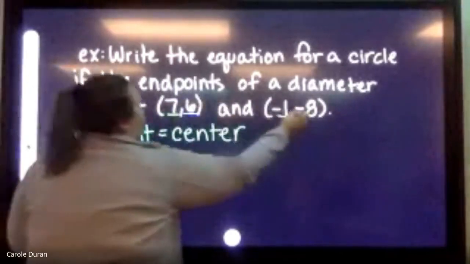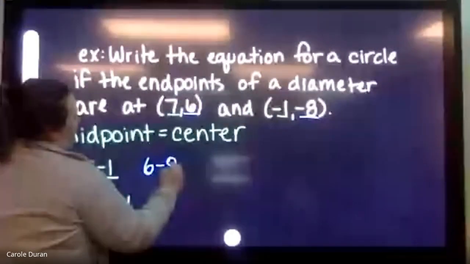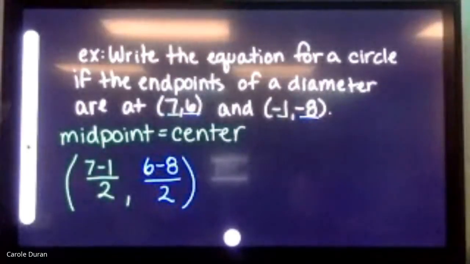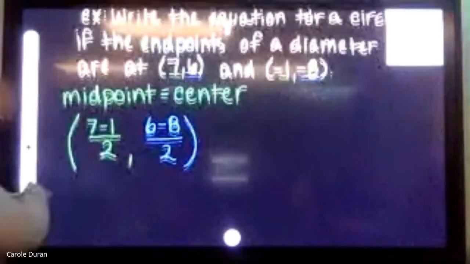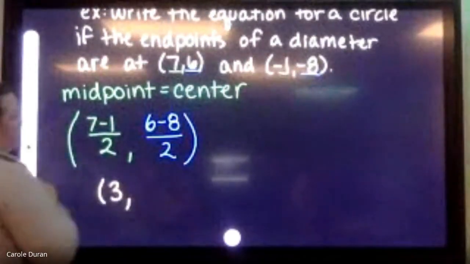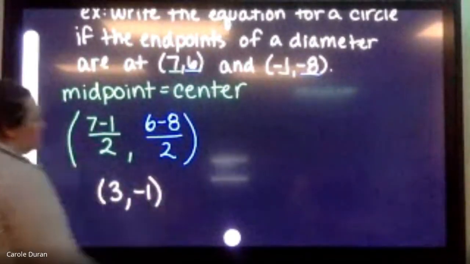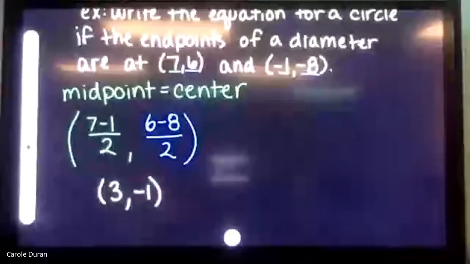And I'm going to put my y's together, 6 and -8, and I'm going to divide by 2. And I'll simplify those out to get my center. 7 minus 1 is 6. 6 divided by 2 is 3. 6 minus 8 is -2. -2 divided by 2 is -1. So my center is at the point 3, -1.